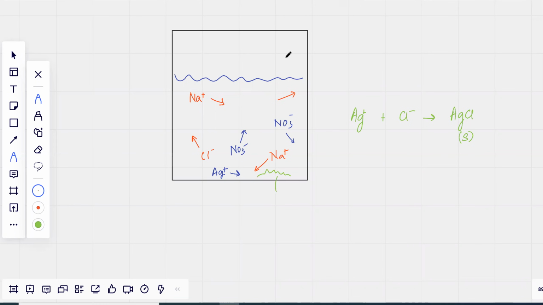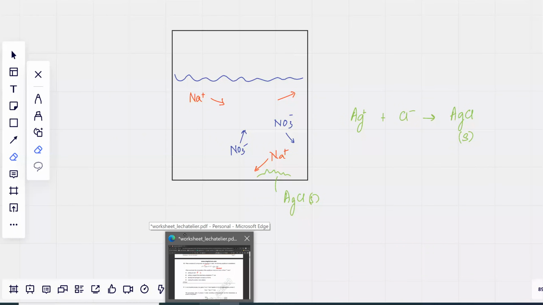You would start seeing a solid of AgCl being formed, and this would continue to happen. The Ag and the Cl ions would combine together to form more AgCl solid. So this is what precipitation is. Is that clear? Yes.